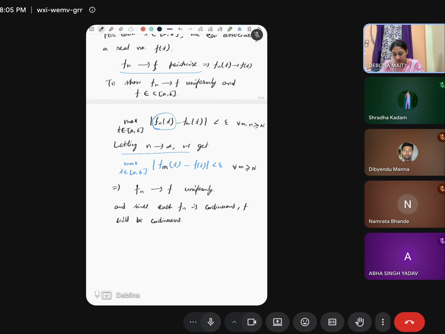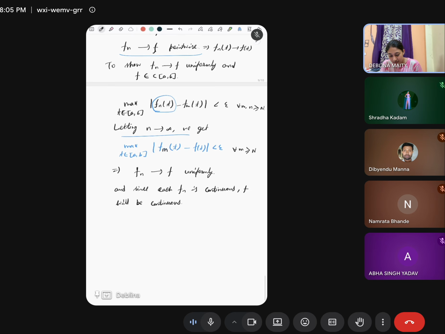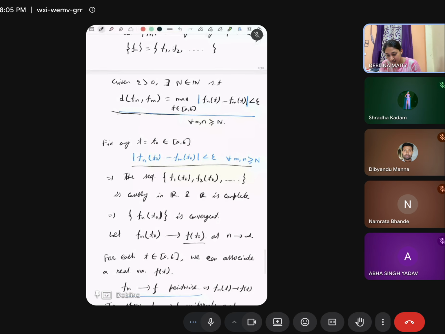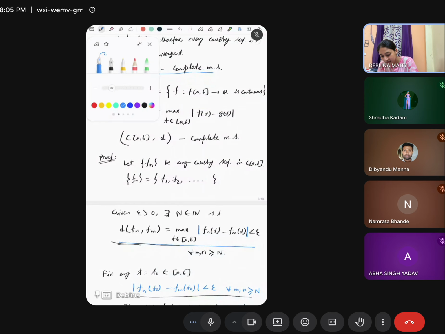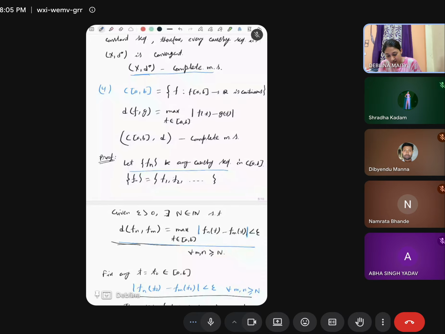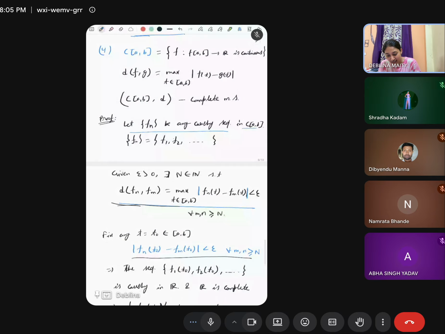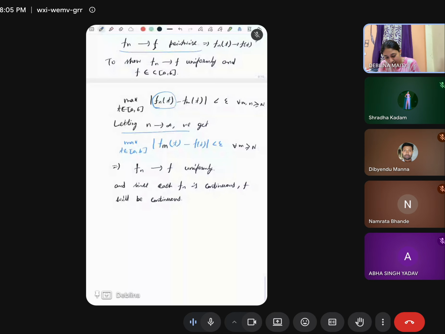Okay, so we see that our Fn was a Cauchy sequence in C[a,b], and Fn converges to F, and this F also belongs to C[a,b], means F is also continuous.